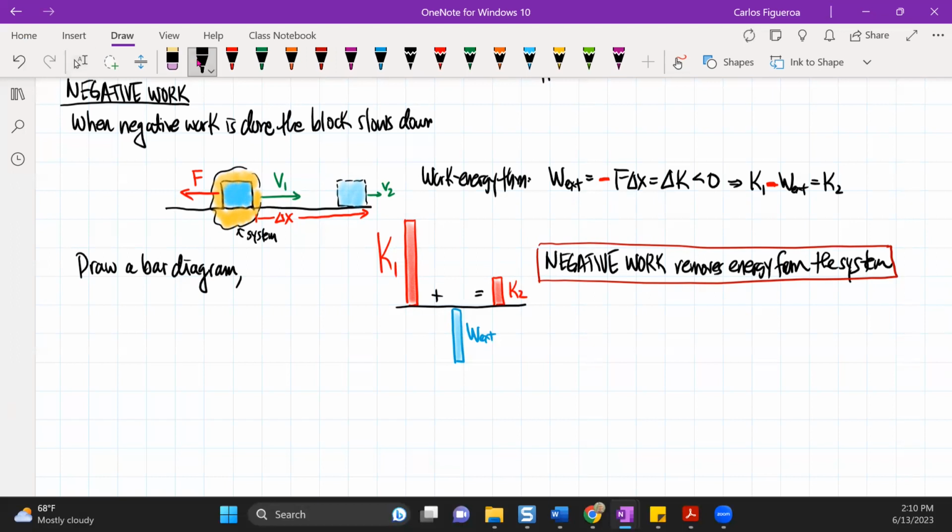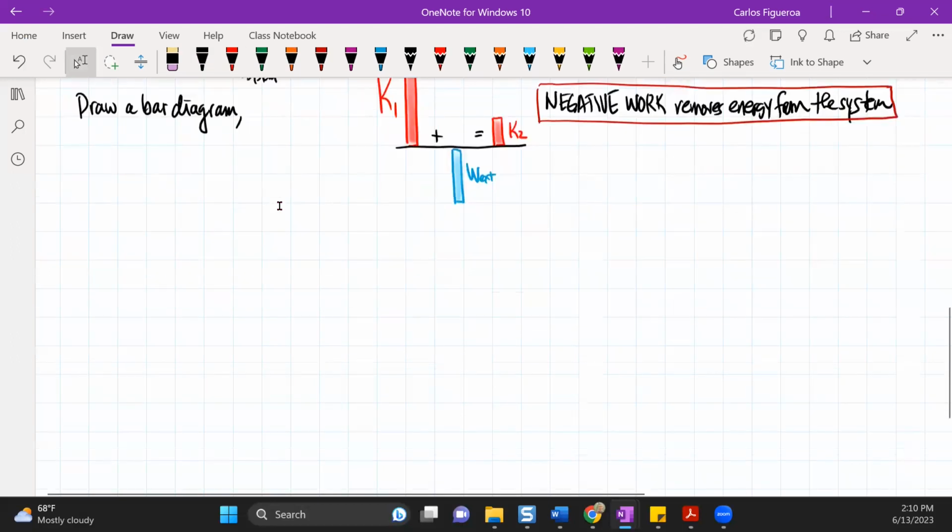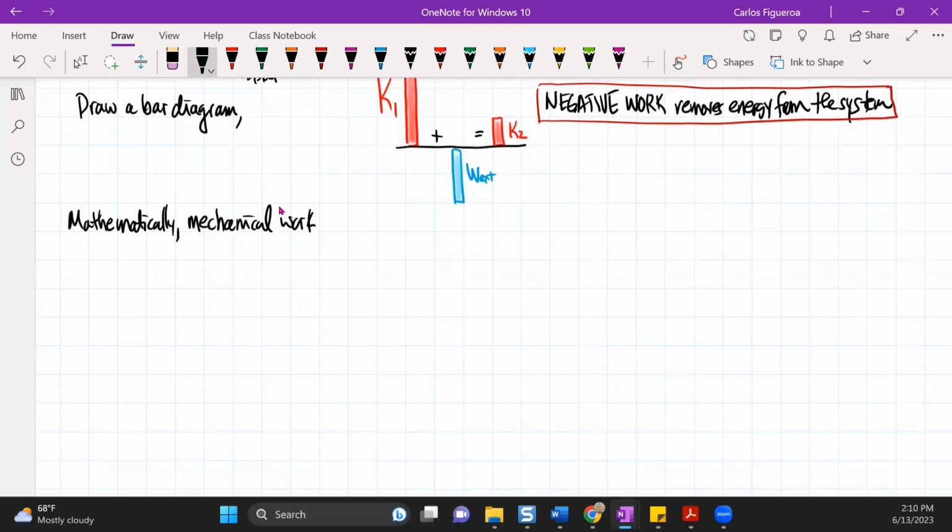But what does this look like mathematically? Mathematically, mechanical work is a line integral, as I go from x1 to x2, of F dx. And we know that this is, of course, the area.